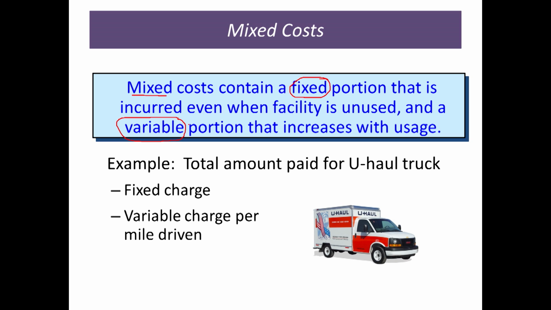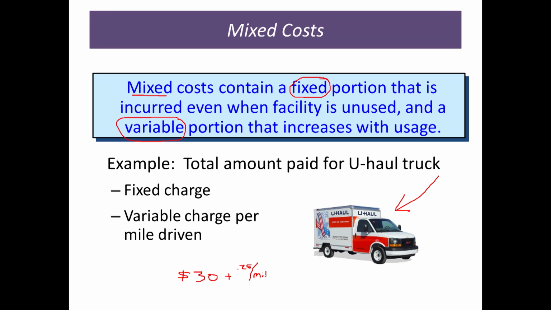And the example that I like to think about the best is, have you ever rented a U-Haul truck? The way that they charge for a U-Haul is they say it's going to be $30 plus 25 cents per mile.